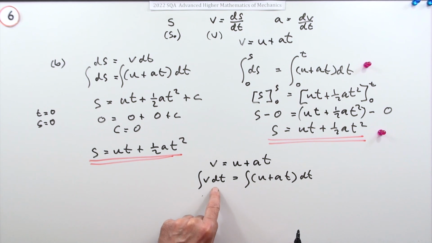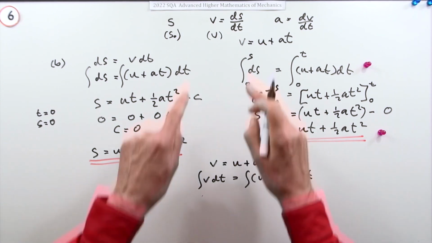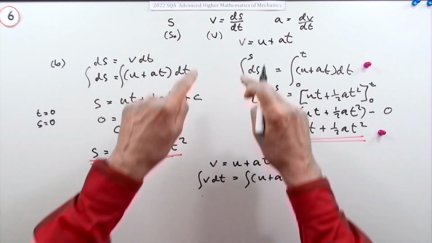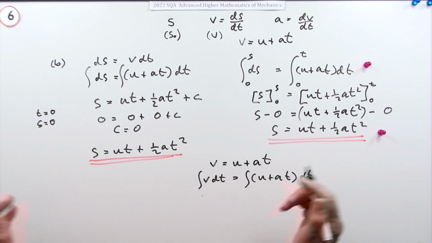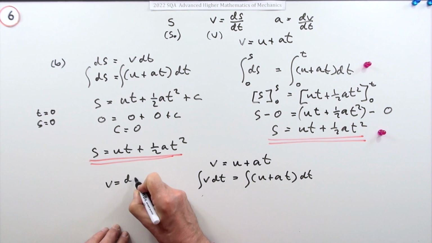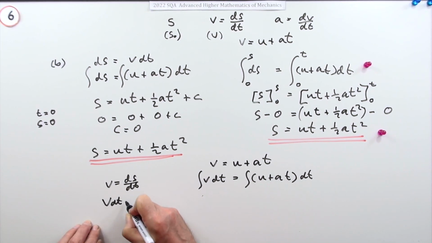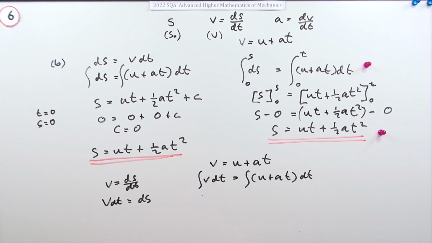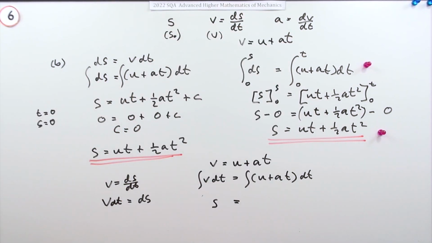But you'd have to do some rearrangement to show exactly what that means. Because that's not a basic definition. That's the basic definition. You'd have to rearrange that. You would have to show, I would have thought anyway, that since v equals ds by dt, then v dt is equal to ds, so that integrating it up produces s. So I've put down the one starting from the two original definitions.